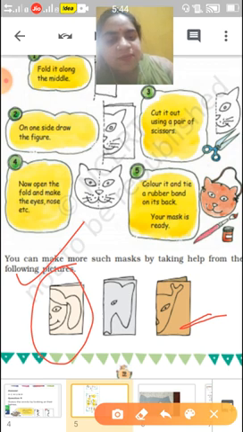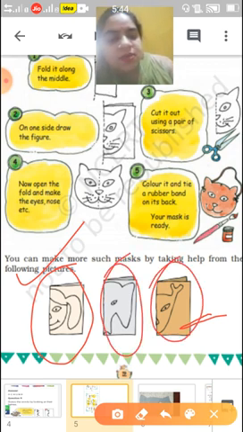This is a girl. This is an elephant. And this is a deer. So children, you complete these pictures. This half picture is given for your help. You have to complete these pictures like you did the cat face mask. Okay children, do this activity at your home.